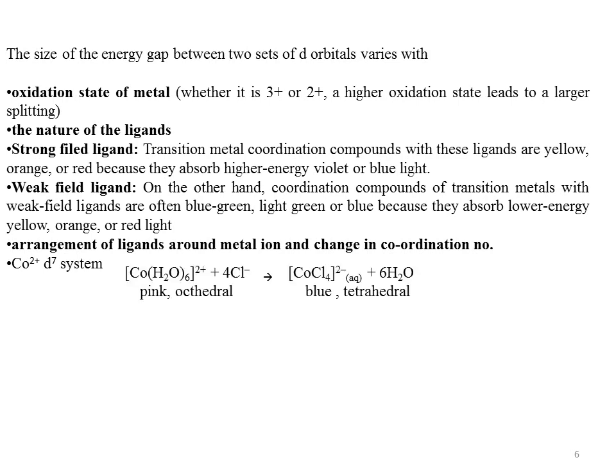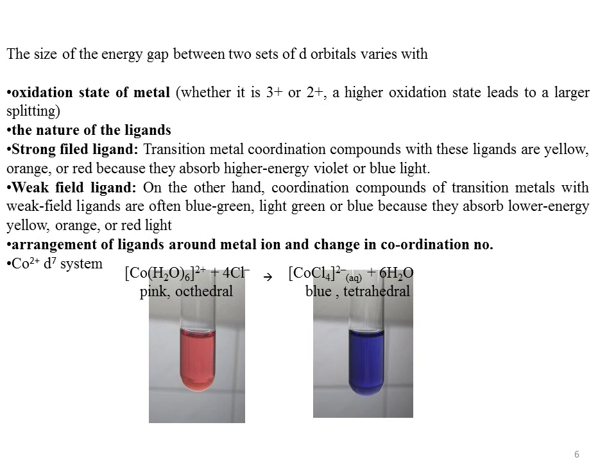Here we can see the hexaaqua complex of cobalt, and when chloride ions are attached to this cobalt it shows blue color, while the pink color we can see in its hexaaqua complex. This is the pink color and this is the blue color of the cobalt complex.